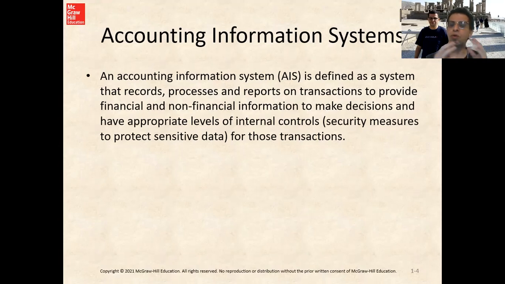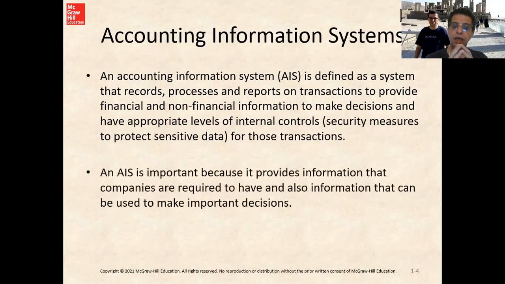It does all this for the transactions that are happening. AIS is important because it provides information that companies are required to have, and also information that can be used to make important decisions.